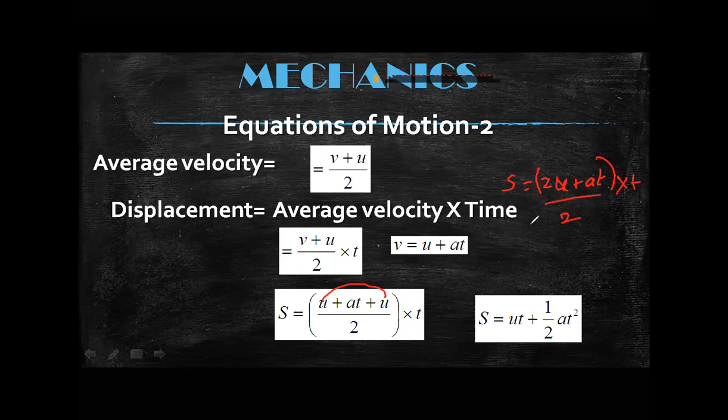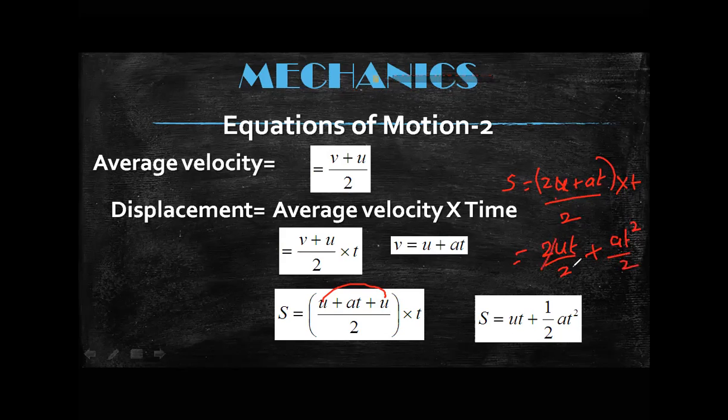Let me separate this: 2ut by 2 plus at into t, at square by 2.